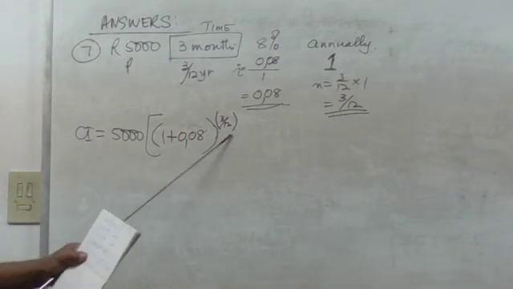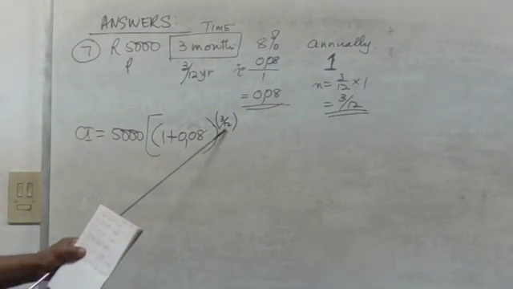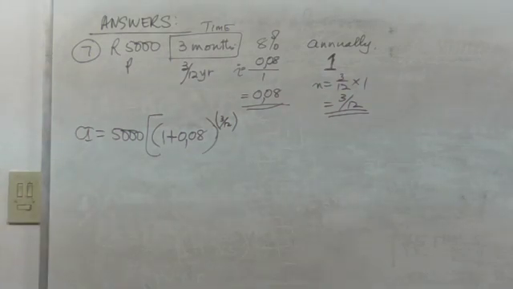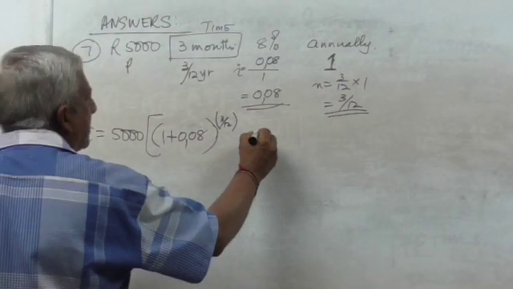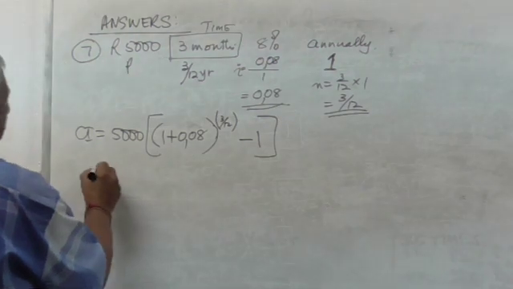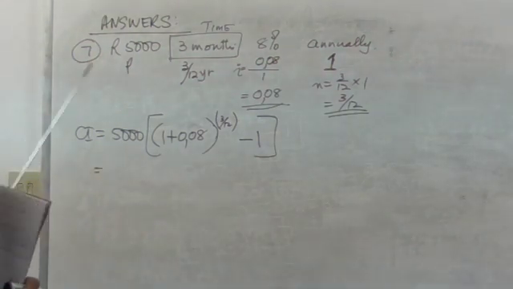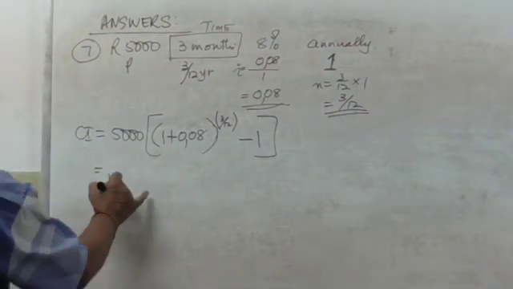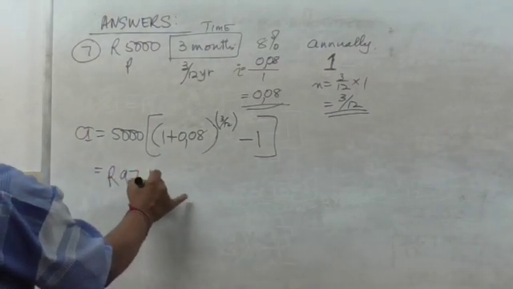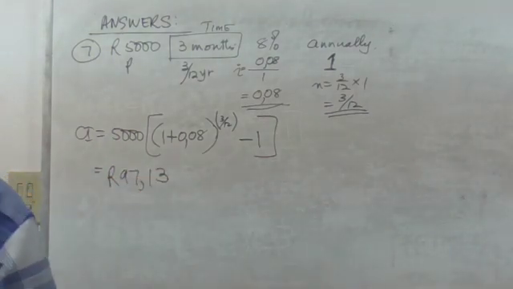When there's a fraction here in the index, put it in a bracket. It'll save you a lot of trouble. Minus 1 close bracket. And when you put that in the calculator, you'll end up with the answer 97 Rand 13.